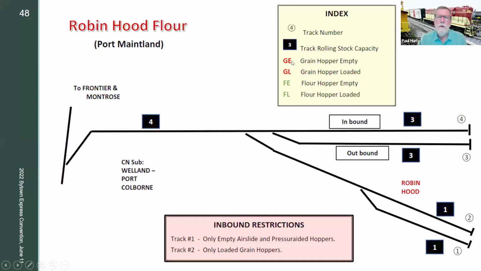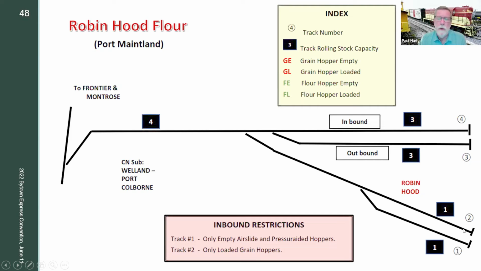So there's grain hoppers, empty and loaded, coming in, and then flour hoppers, as we saw a moment ago in the rolling stock section. Specialized hoppers are needed for the finished product coming out. You'll note at the bottom that this normally wouldn't appear, but this is programmed into JMRI on the service shed tracks here, 1 and 2.